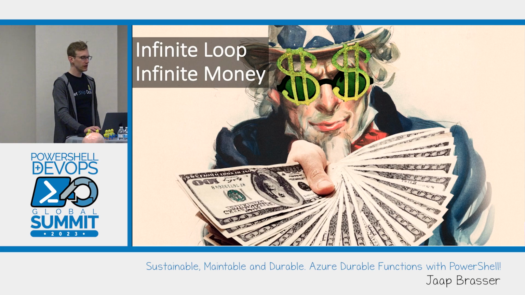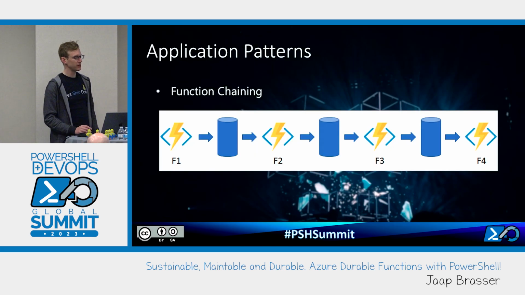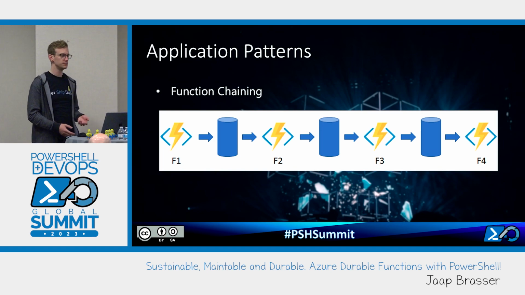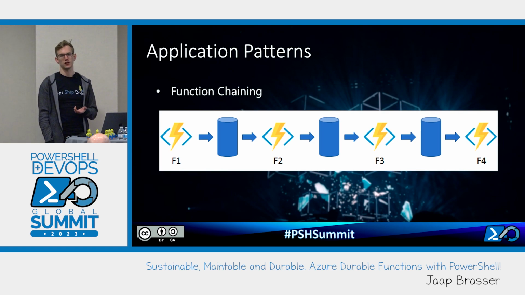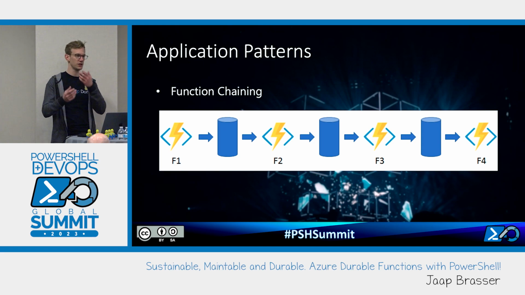So then we have a number of patterns that we can create. The patterns that I'm talking about are the patterns as you can set it up in your orchestration durable function. So we have function chaining. This was actually the first use case for which I started using durable functions, because I had a number of functions that were feeding into each other.